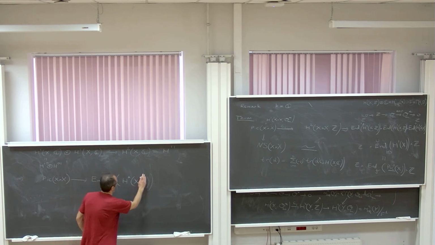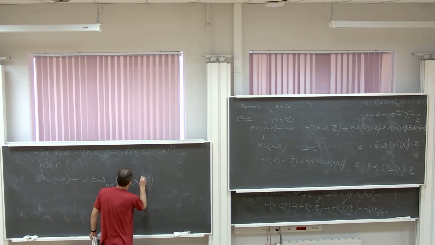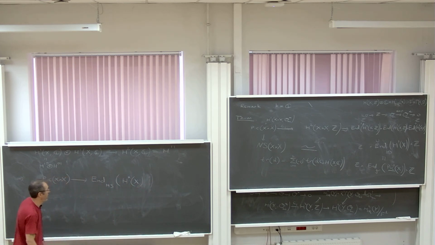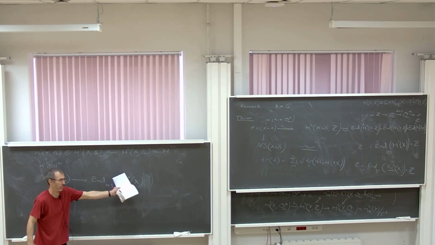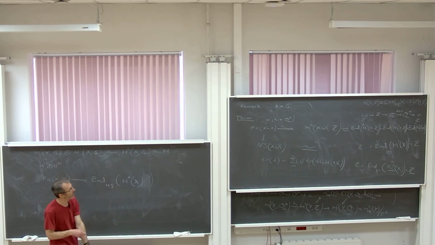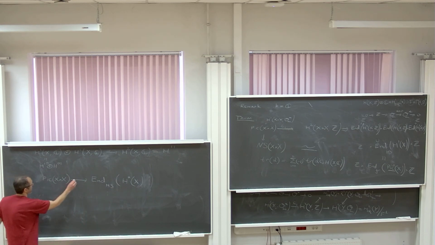Oh, I shouldn't write C here. Does it make sense? So star means that I take graded endomorphism, but it amounts really to 18. Good. So this is surjective.